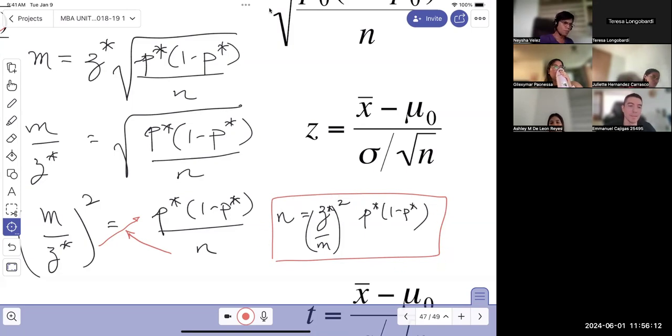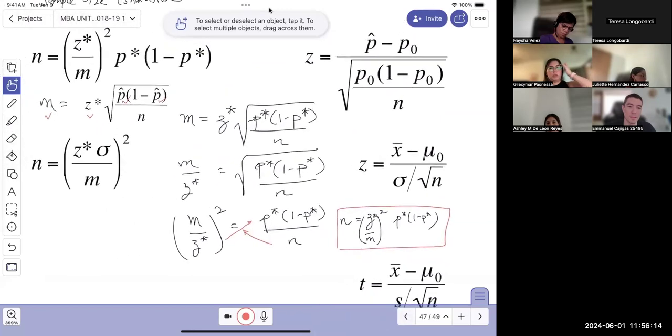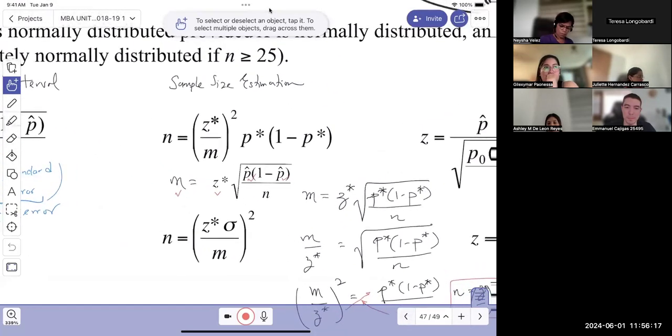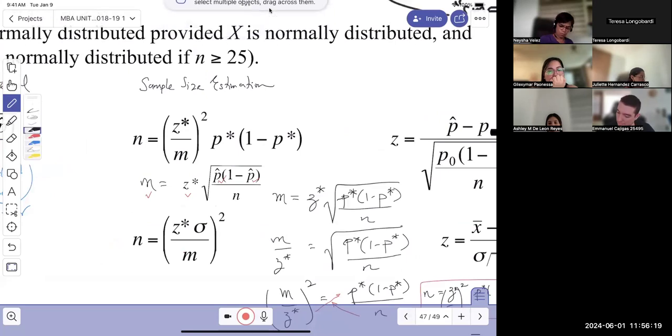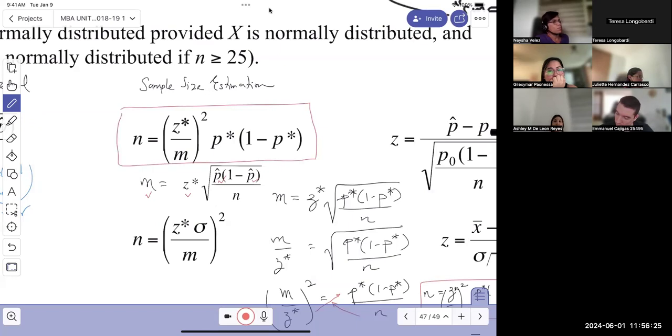Let's apply it before we go. We have a few more minutes. Let's apply it to the problem I have in the notes. First, P star is P hat from some previous sample, some old study.